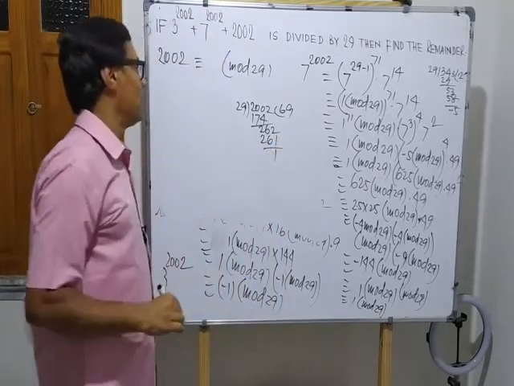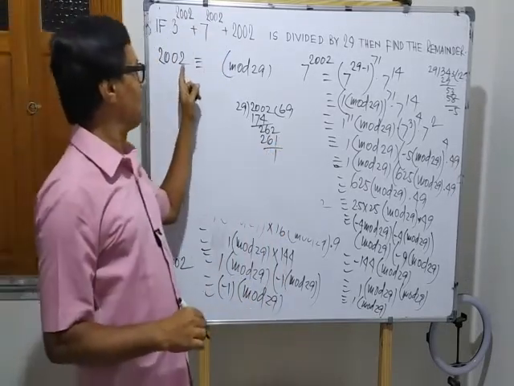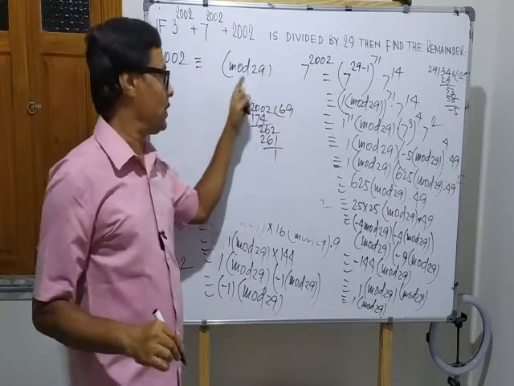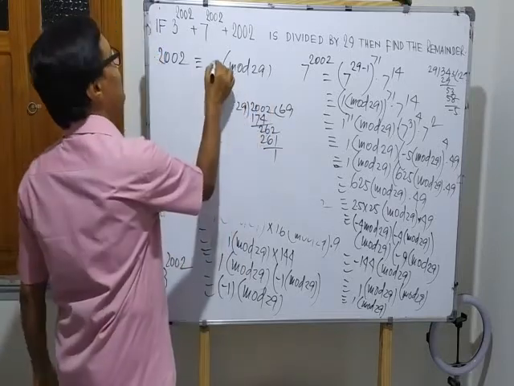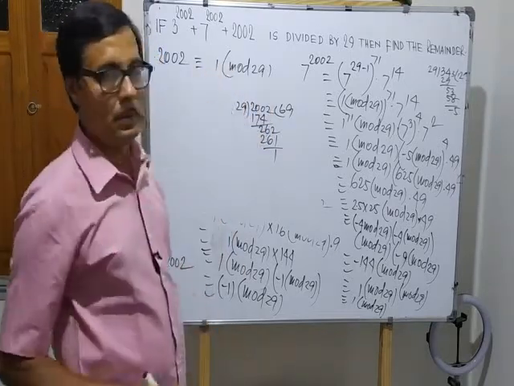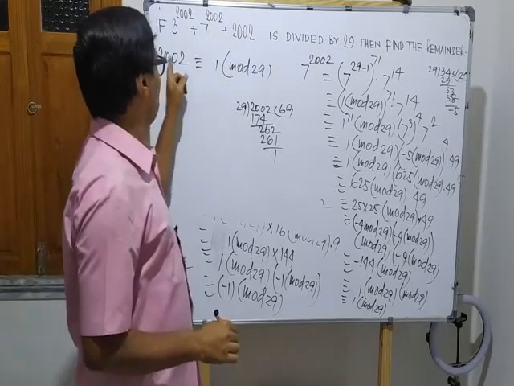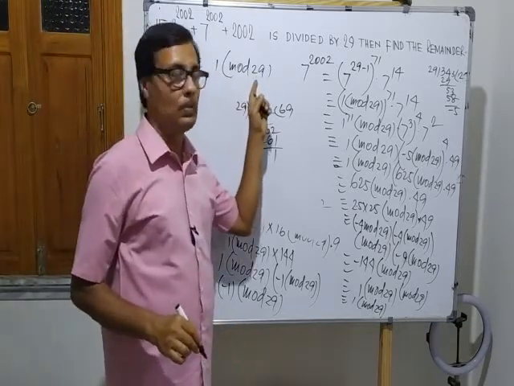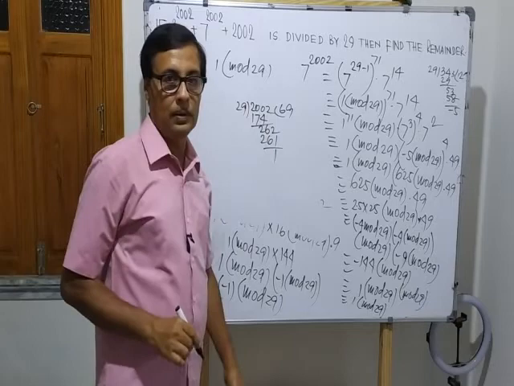The remainder is 1. If we divide 2002 by 29, we get remainder as 1. Here 2002 is equivalent to 1 modulo 29.